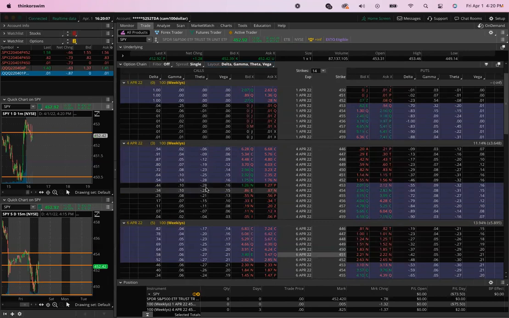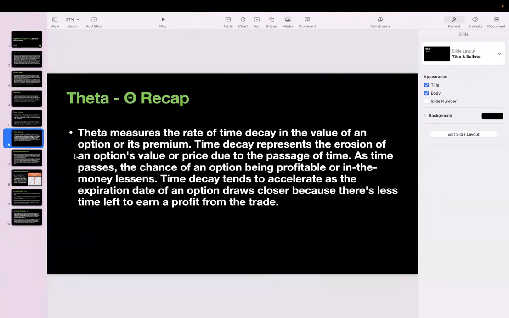So 0.28 is going to be removed from this option in value by tomorrow at 4:15. This is still fluctuating a little bit, and it's going to fluctuate more. But yeah, that's theta.